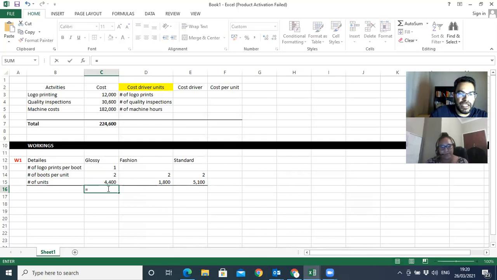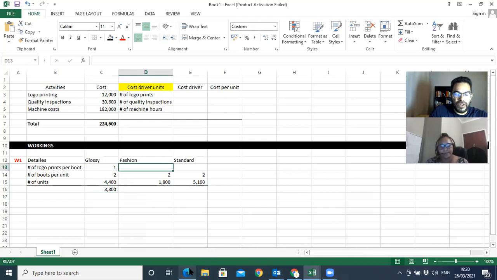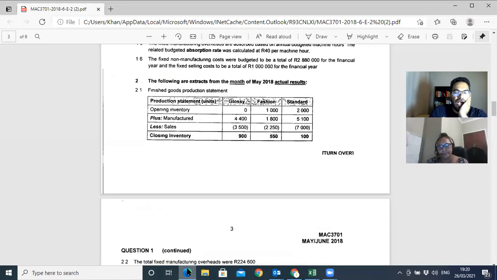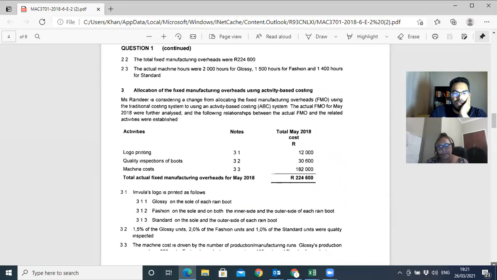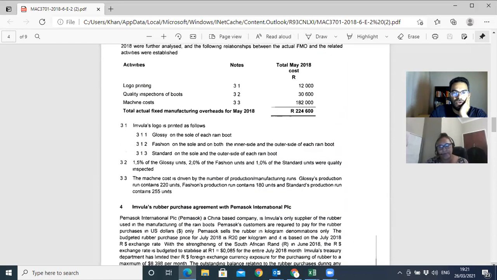So I'm going to say 1 logo per boot, but each unit has 2 boots, and the total number of units I've manufactured is 4,400. You follow that? Then for fashion, how many logos per boot? It was 3, one on the sole, one on the inner side, and one on the outer side.